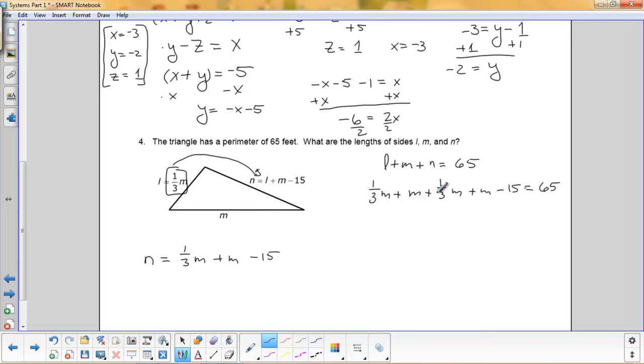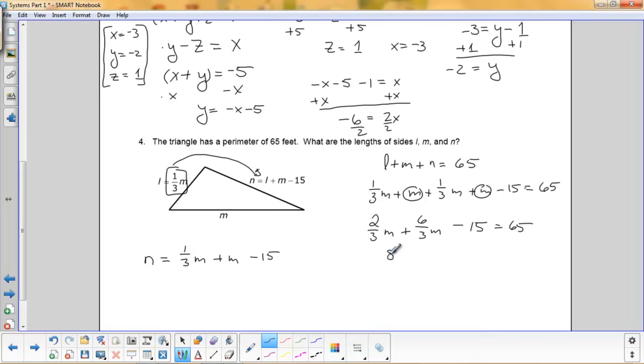Now 1/3 plus 1/3 is 2/3, so we get 2/3 m plus 6/3 m, that's going to be m plus m is 2 m's, minus 15 equals 65.